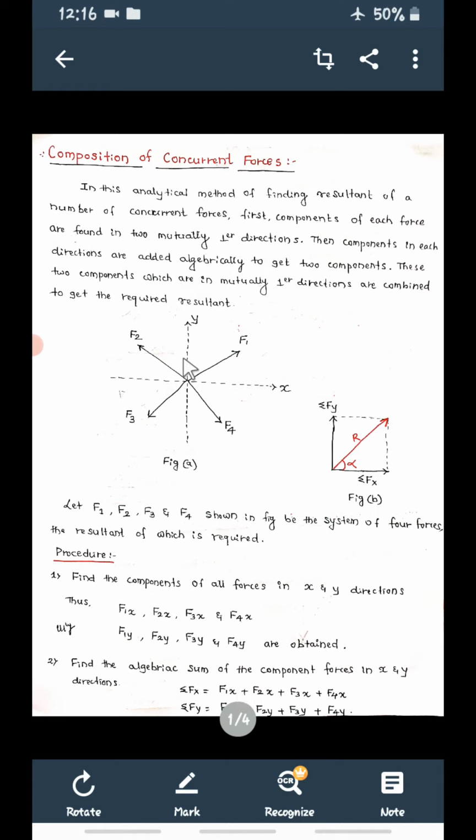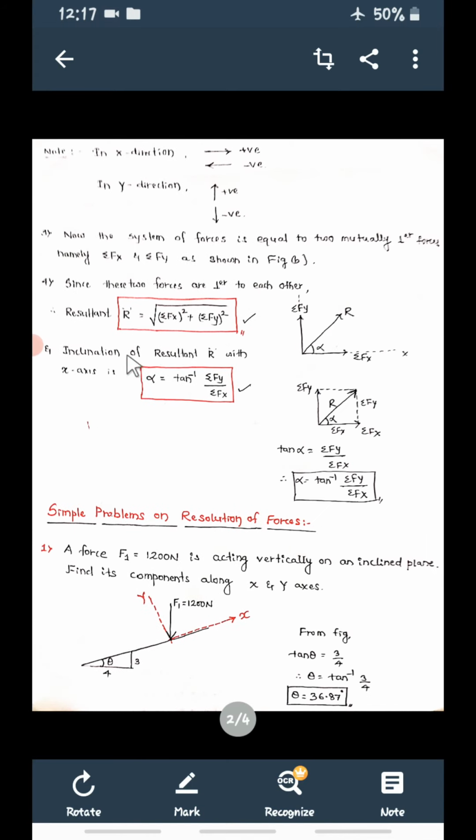Then summation Fy. Now see, if it is moving upward, it is plus. So plus F1y plus F2y, then downward, minus F3y, then minus F4y. Add here and you will get summation Fy. So finally, we reduce them into 2. Then we're going to use the equation.